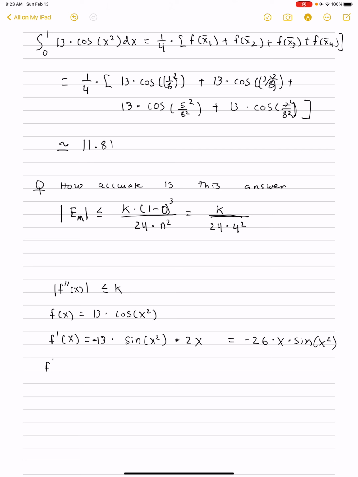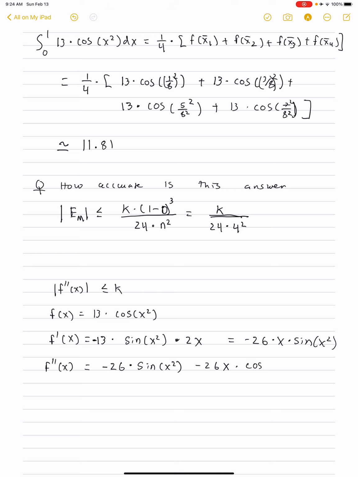Let's try the second derivative, f double prime of x. I'm going to use the product rule, so I differentiate the first term. That gives me minus 26 times sine of x squared. I leave the first term alone, which is negative 26x, then I multiply by the derivative of sine of x squared.